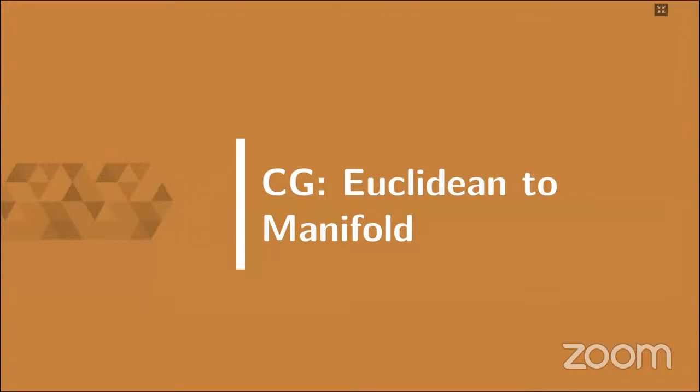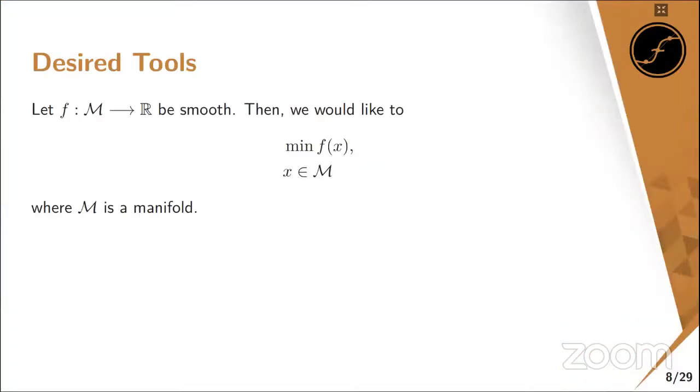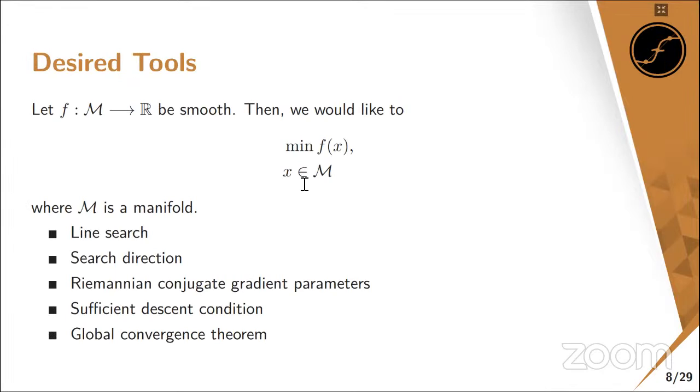That is CG, Euclidean to manifold. First of all, our main goal is to minimize this given function where the search space is on the manifold instead of the usual Euclidean spaces. In order to make a jump, that is an extension from Euclidean optimization to Riemannian optimization, we need some basic structures.